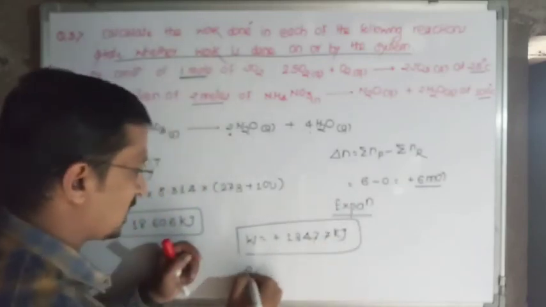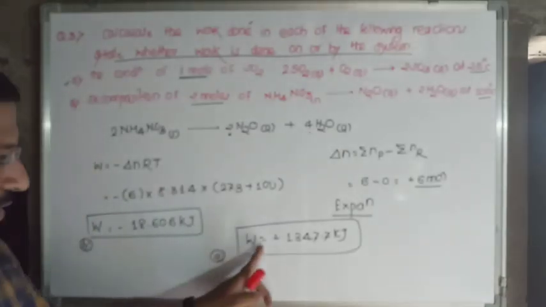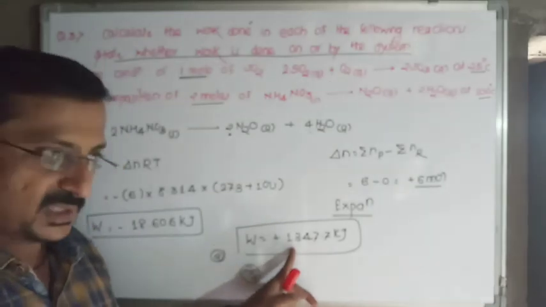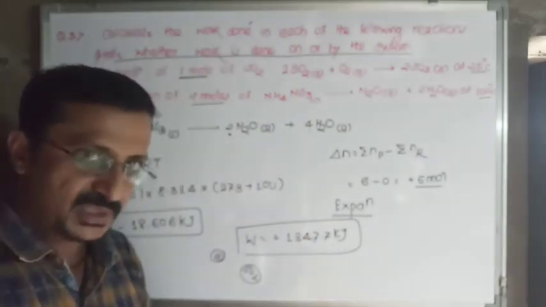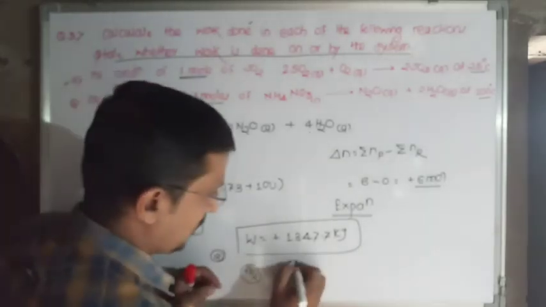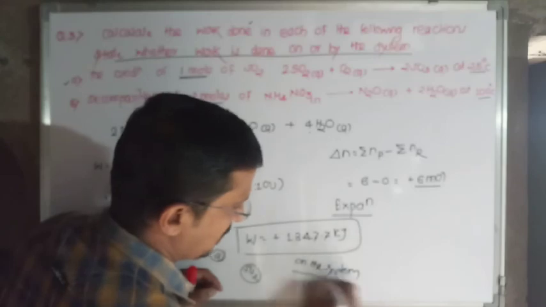This is the sulfur dioxide case, 1A, and this one is for the B case. In the A case, work is positive, in the sense it is work of compression, meaning the gas is compressed in the system cylinder, that's why work is done on the system.